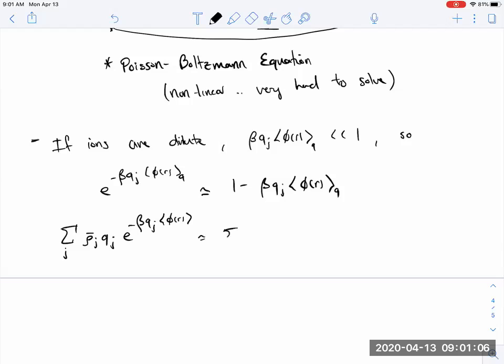Taylor expanding, I get a sum over types j, their bulk density weighted by their charge, minus beta, as a constant comes outside, I have a sum over types j, that bulk density now times q squared times that average potential. Now, if I sum over the charge times the density, that's the total charge density. Charge neutrality dictates that that term is 0.